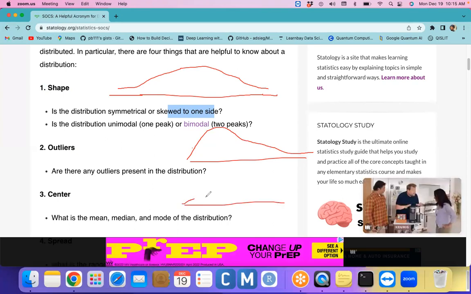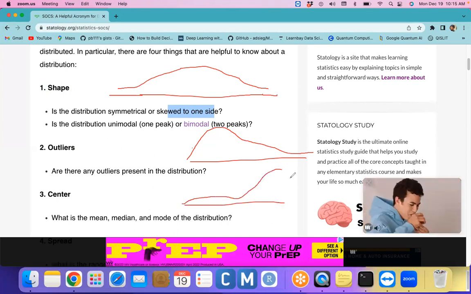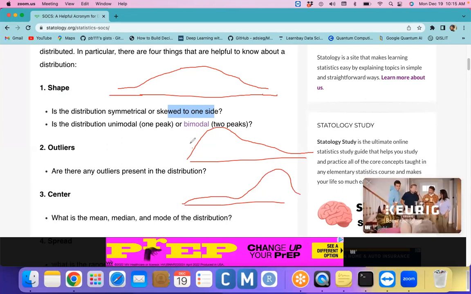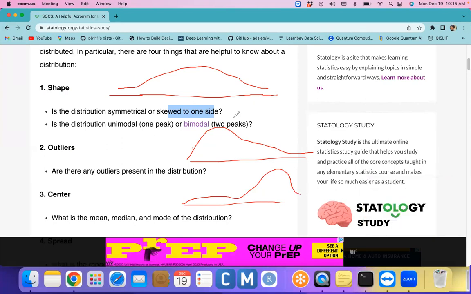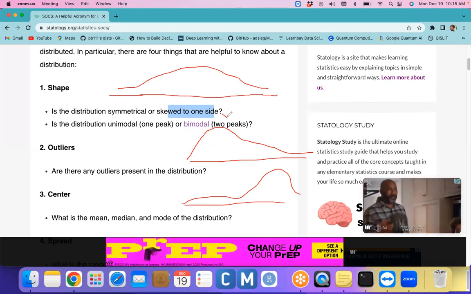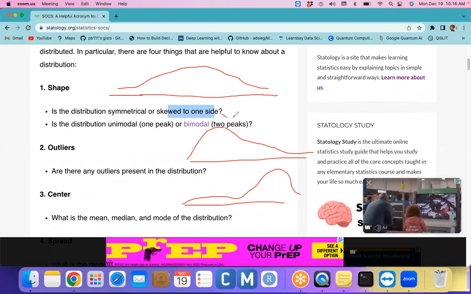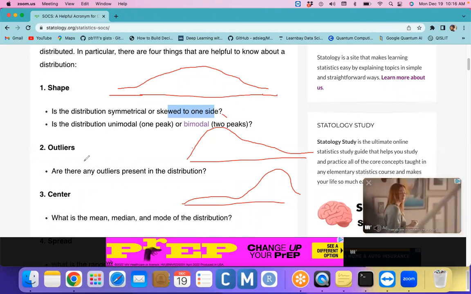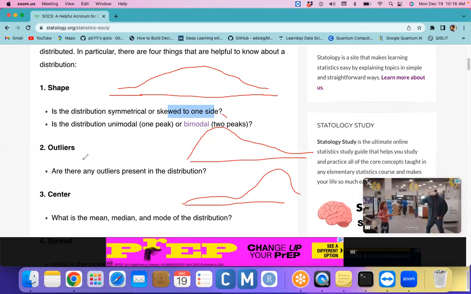It can be skewed to one side. When the data is not symmetrically distributed, it may be skewed to one side or to both sides, maybe the left side and the right side.